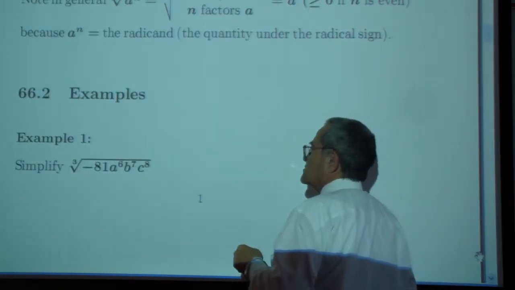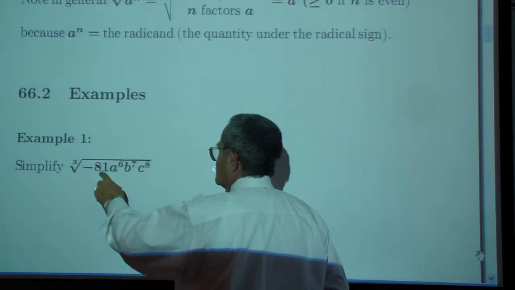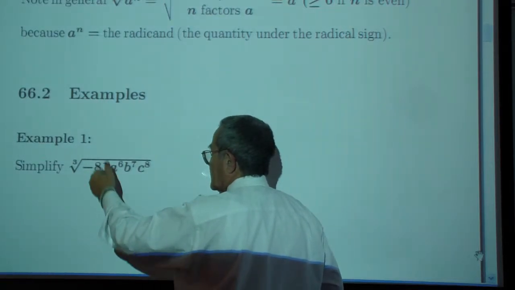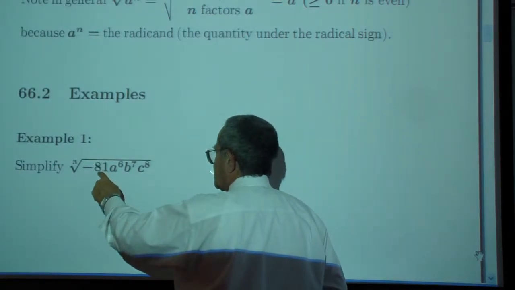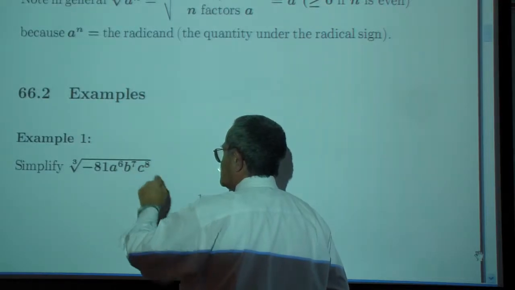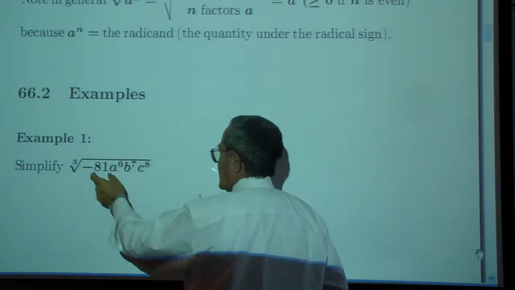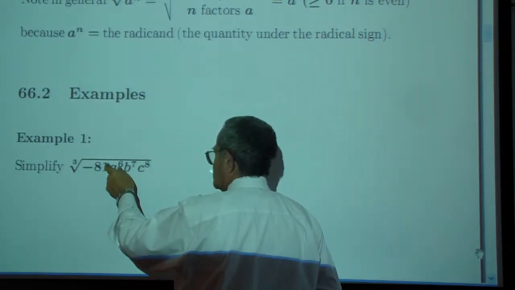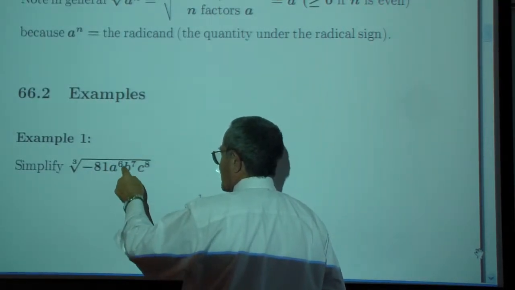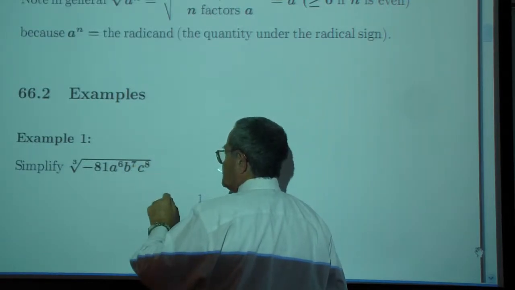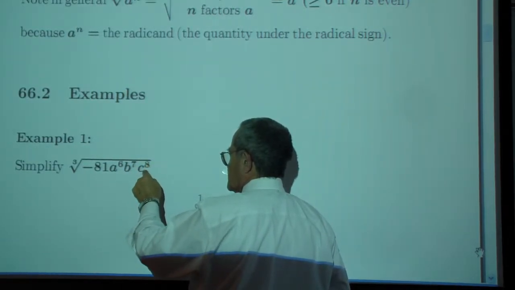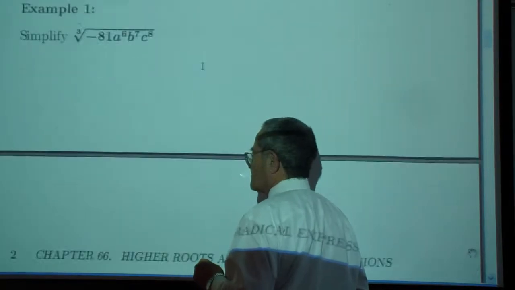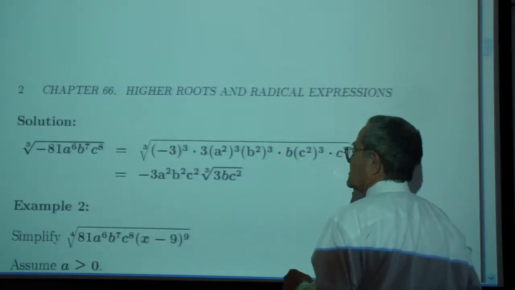Examples. Simplify the cube root of negative 81, a to the 6, b to the 7, c to the 8. Yes, that can be negative for a cube root. I need groups of 3: a squared times a squared times a squared, b squared times b squared times b squared times b, c squared four times.